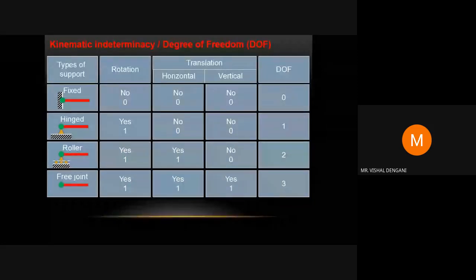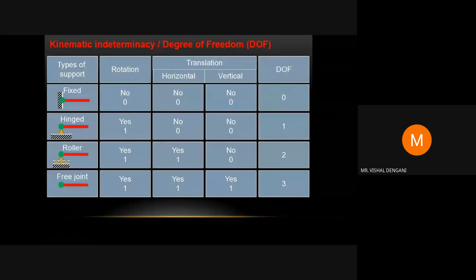Okay, so I think you should understand this. What you have to keep in mind is that in the case of beam, we are not considering the translation displacement along the x direction. Only delta y and theta z will be there.